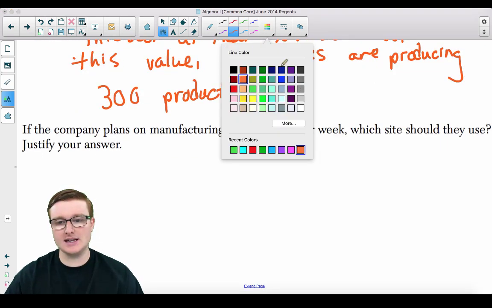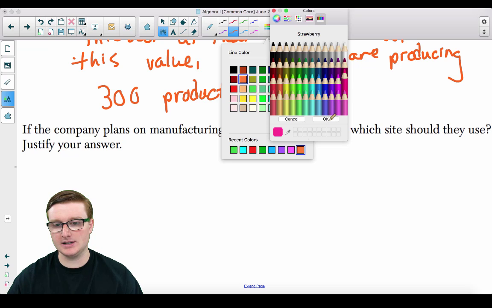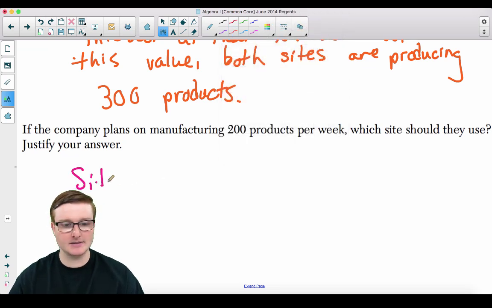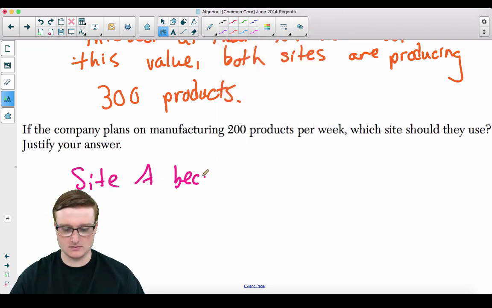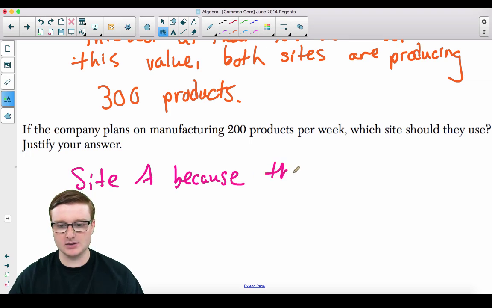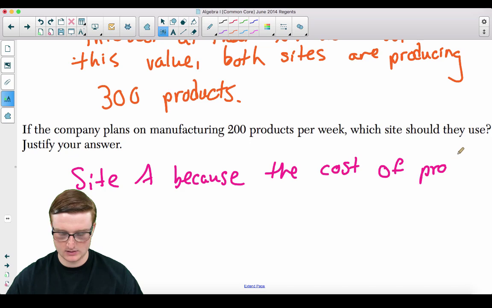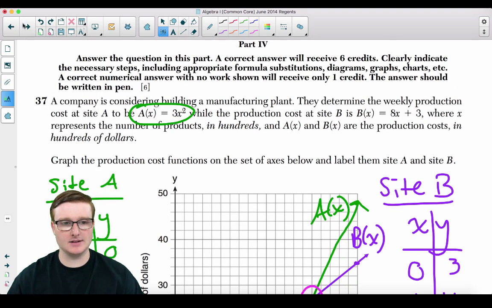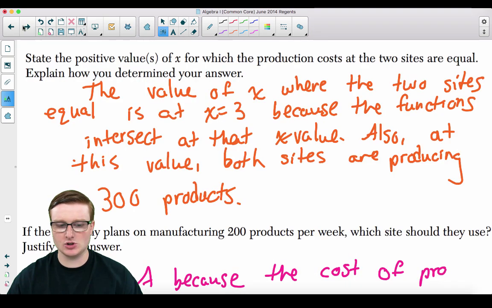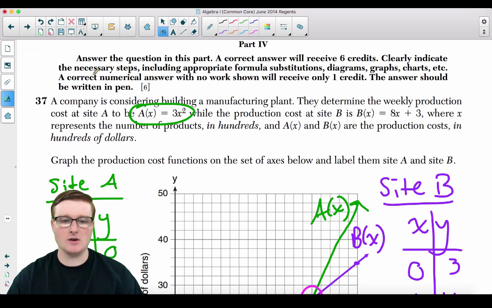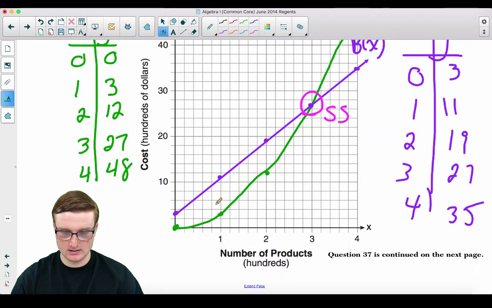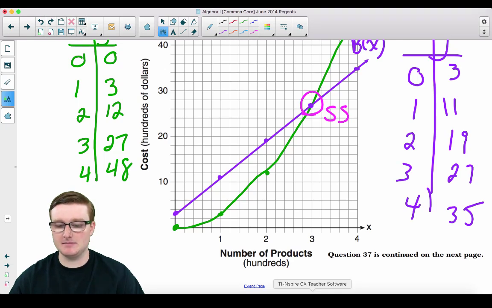So we are going to say site A because the cost of... Wait a minute, I just said site A, right? Yes. Wait, it's saying 200 products per week. Okay, well, actually... Hold on a second. Site B.